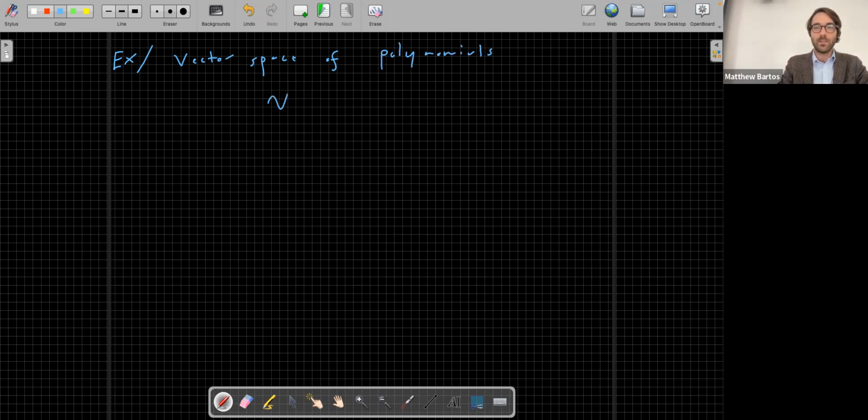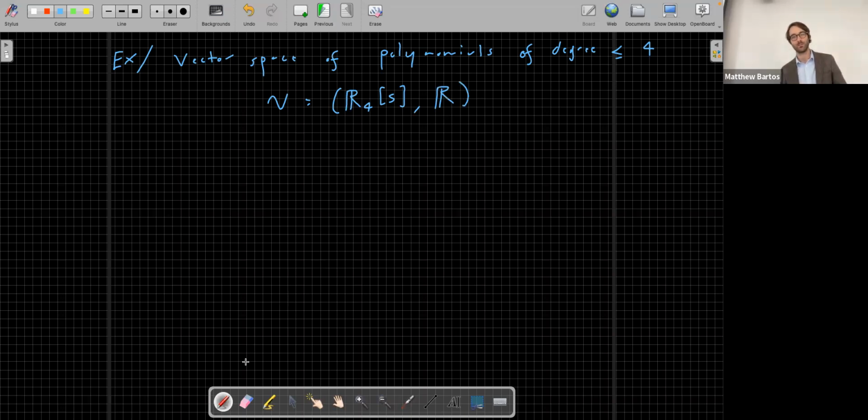We say that V, our vector space, is the vector space of polynomials of degree less than or equal to 4. So V we write as R4 of S, where S is our variable for our polynomial over the field of R. So the coefficients we're scaling S by are in R.